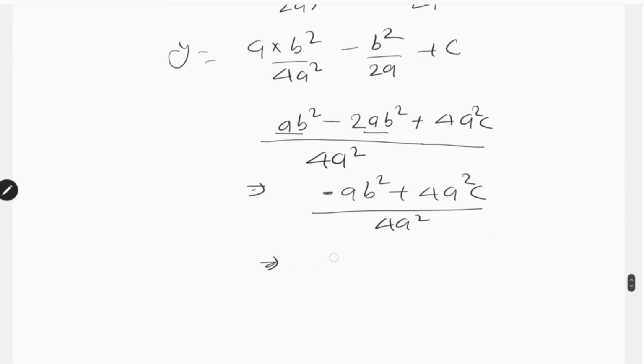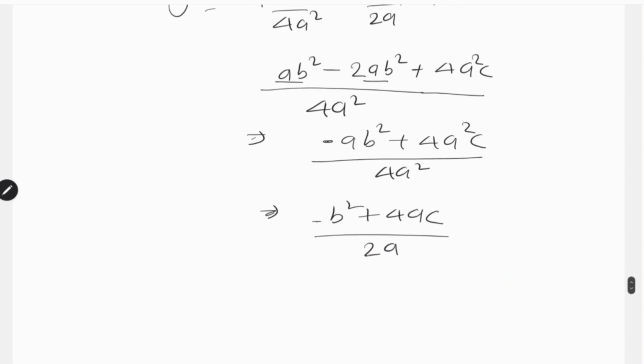Okay, then negative (b square minus 4ac) by 4a.